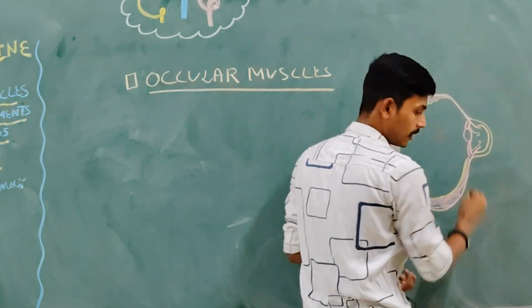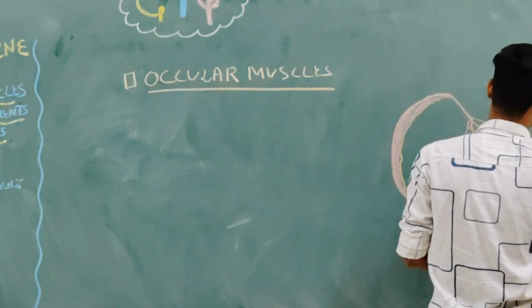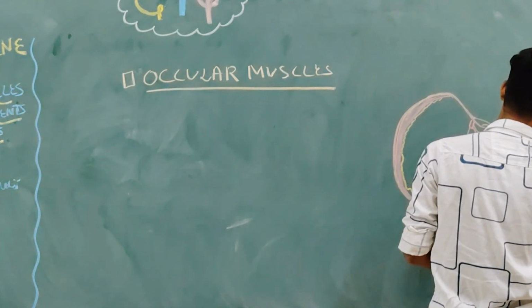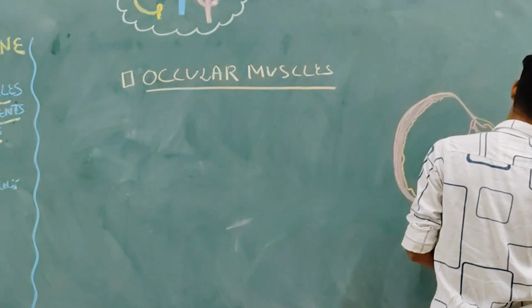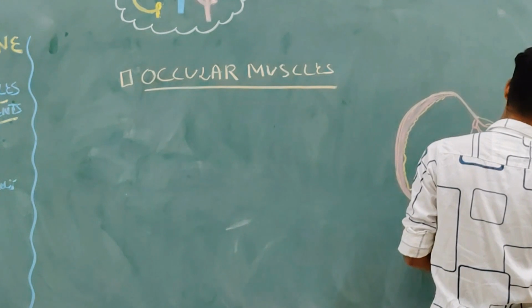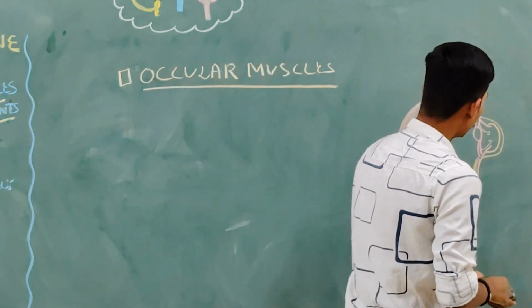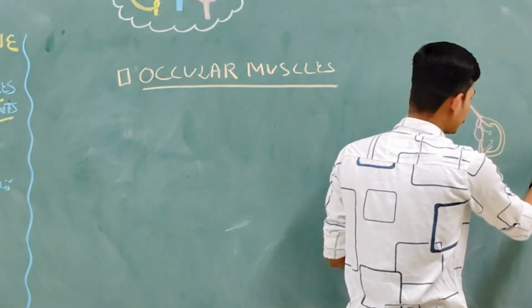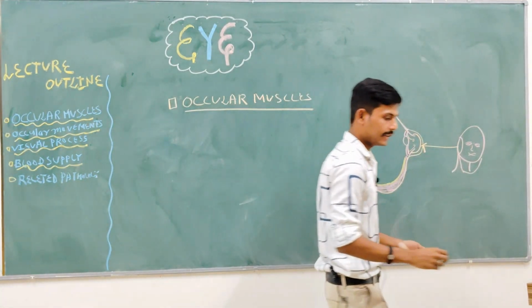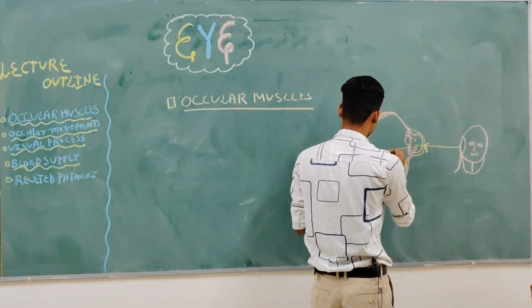Now, you have seen this object. The rays come to the cornea, and the visual rays are directed into this area.